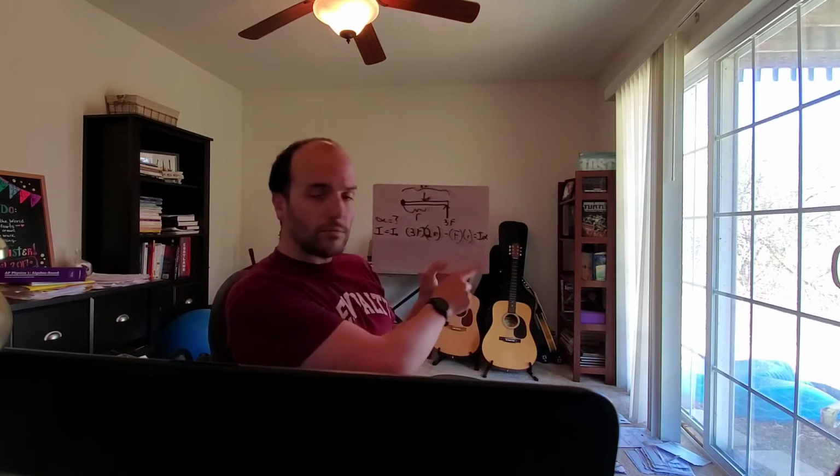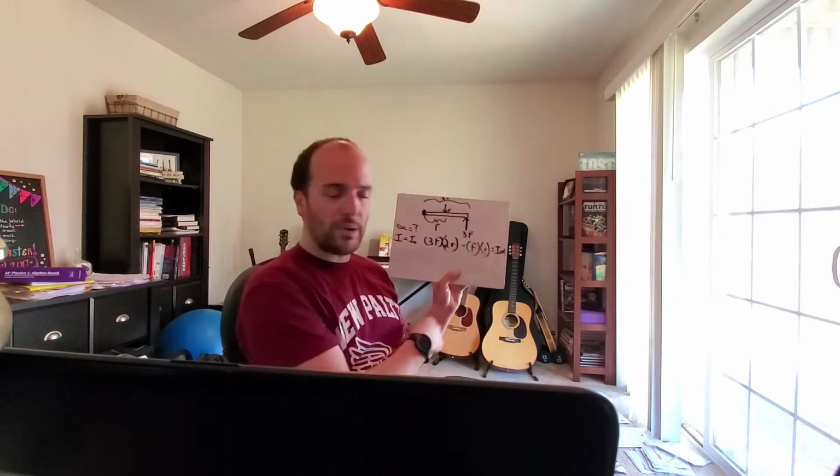Okay. So let's simplify a little bit and go from there. 3F times 2R will equal 6FR. Minus FR equals I alpha.